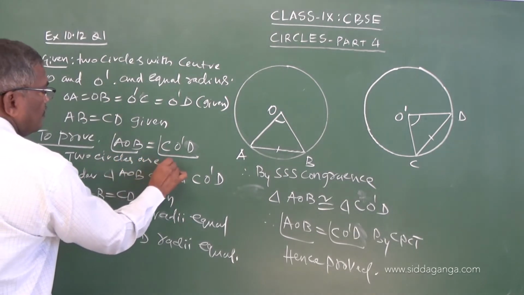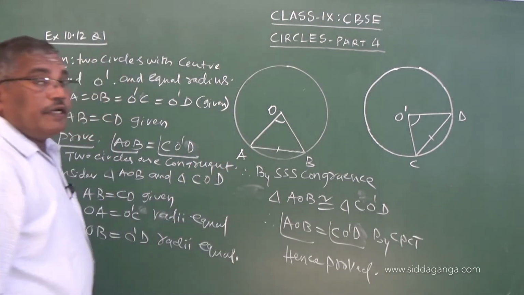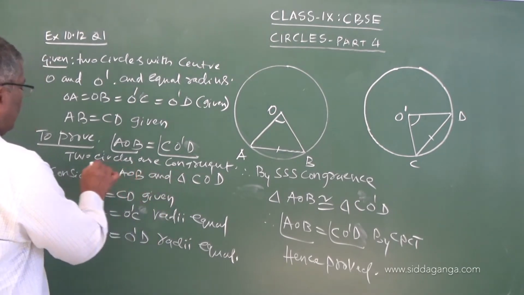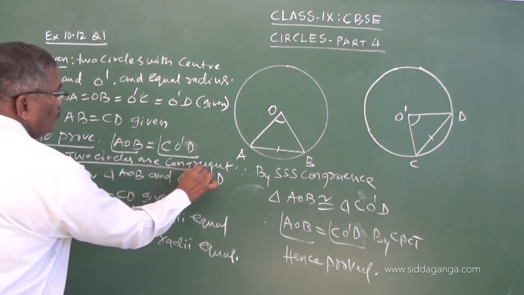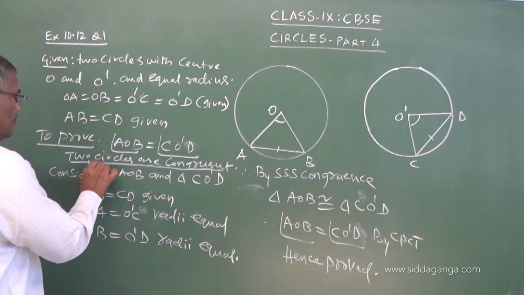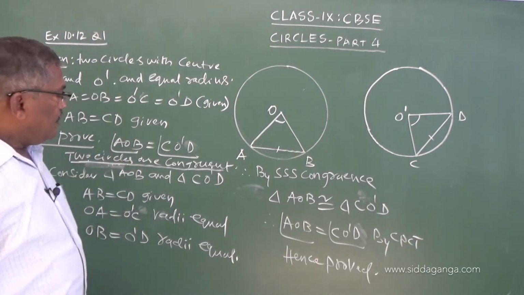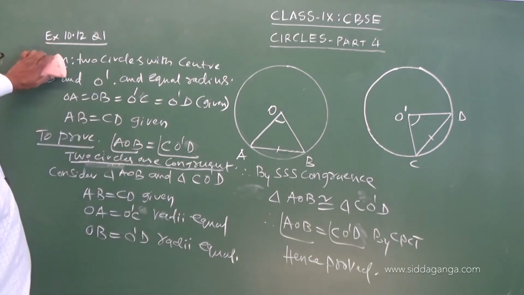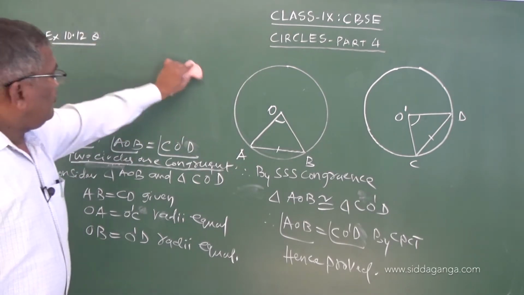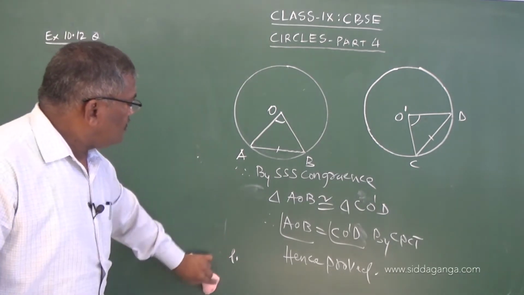You add this sentence: two circles are congruent because the radii are equal. So this completes question number 1. I will move on to question number 2 now.